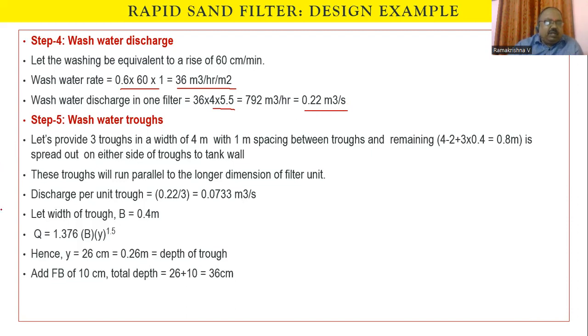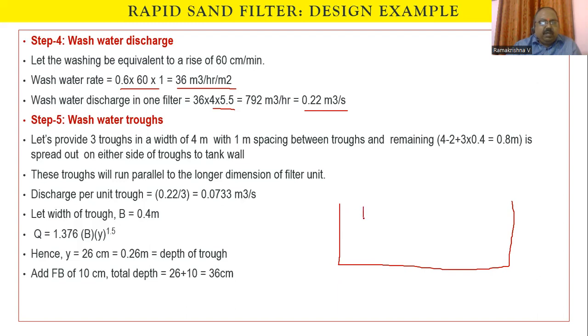Now, wash water troughs you are going to provide. How you are going to provide them is another question. So this is your bed. The width of the bed is 4 meters here.